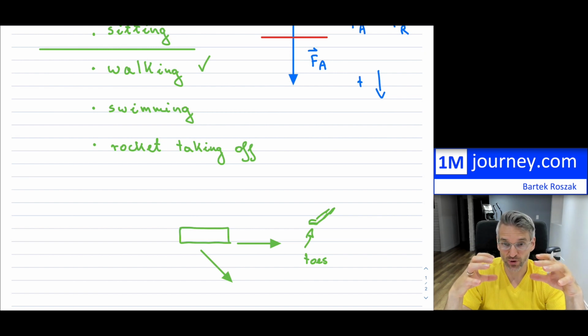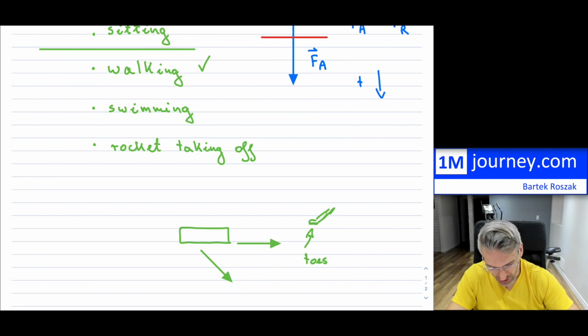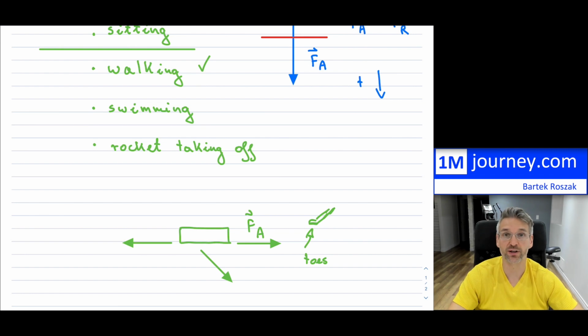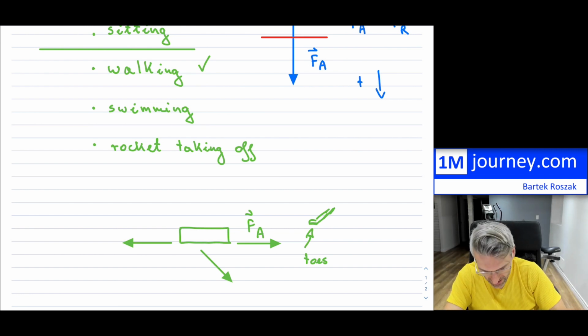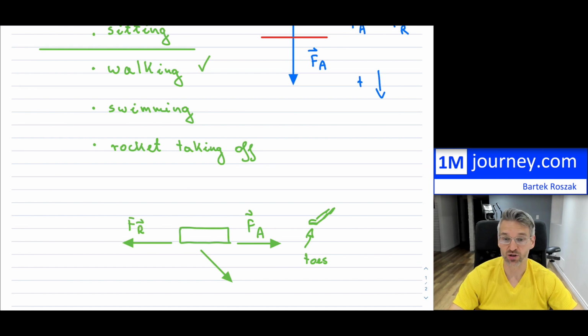But then there is a reaction force. So this force is the force of action. And then the ground itself will allow us to move our actual foot, and us eventually as we're walking through. And this is the reaction force that we have. And notice it is opposite in direction to allow us to keep moving forward.